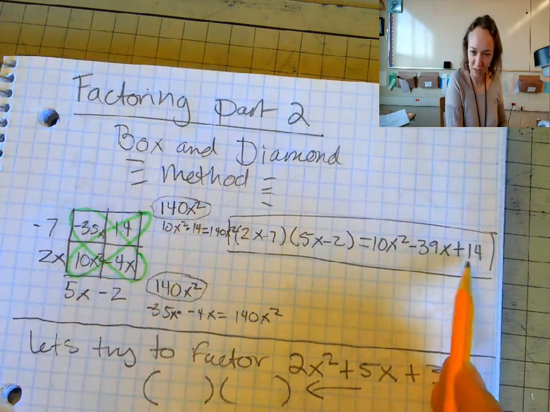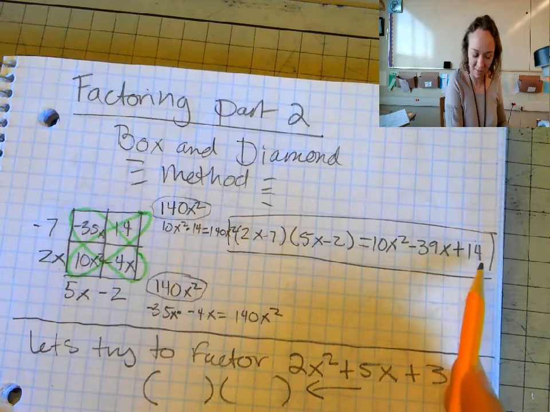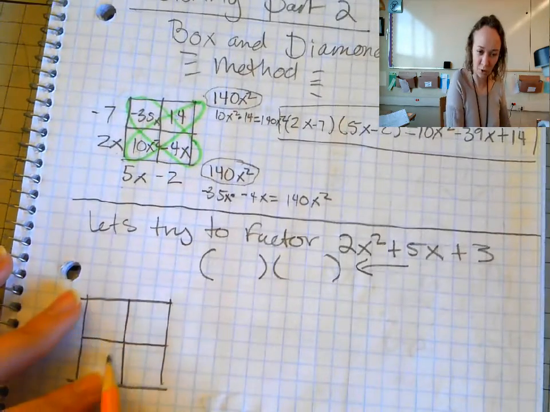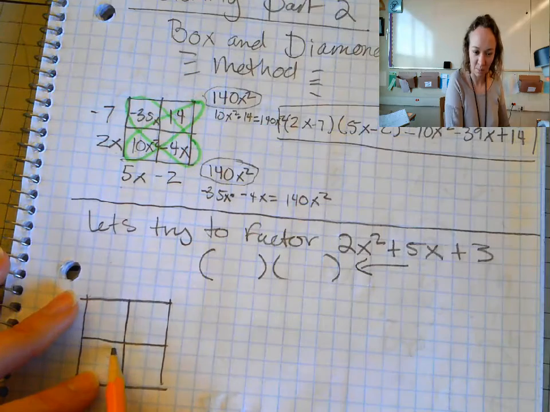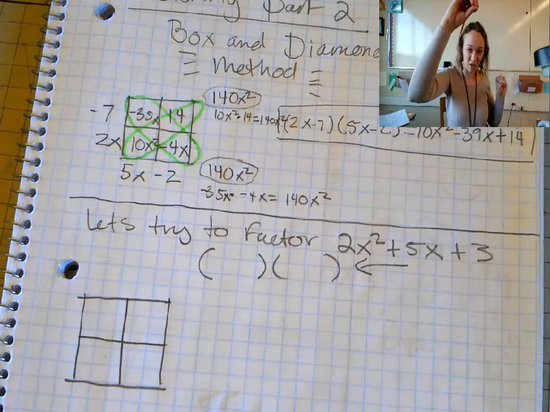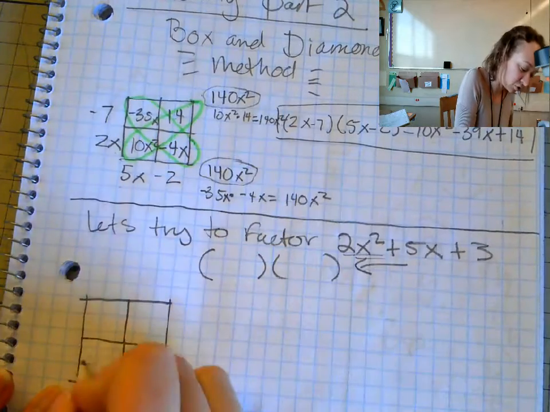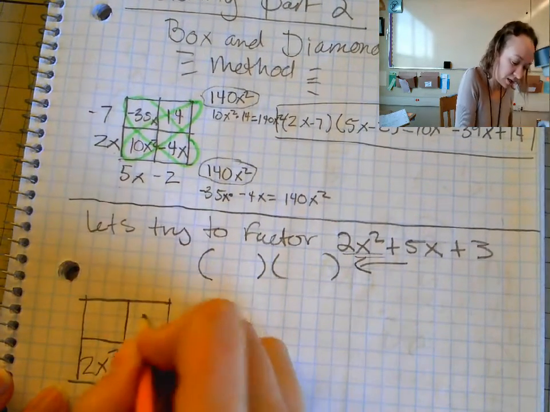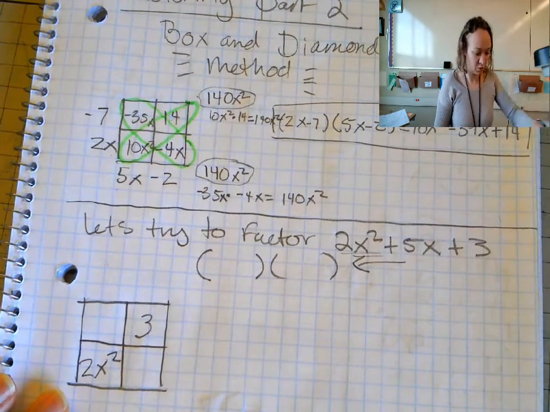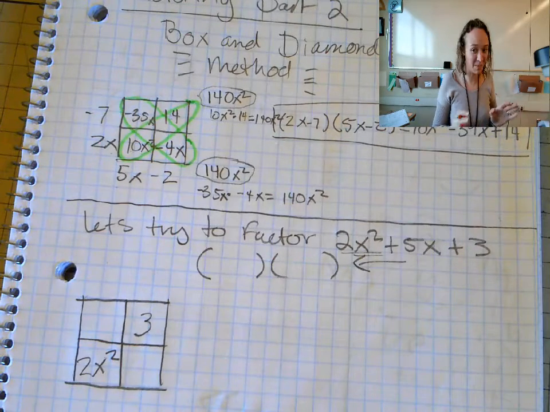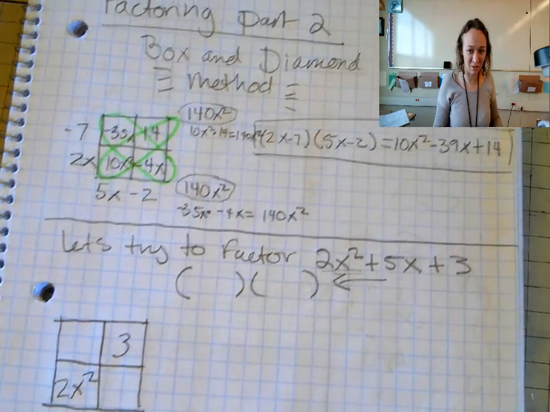And the c term, the one that doesn't have an x, always stays the same. So that means I can put those in, but they have to be on a diagonal from each other, right? In this one, I would have 2x squared and 3, or I could put them on the other diagonal. Take a minute, make sure you understand what I did there, because that's a really important piece.